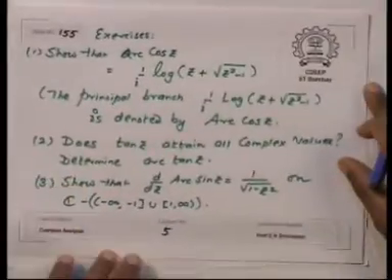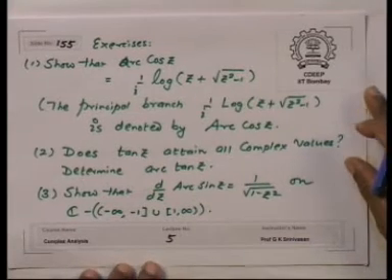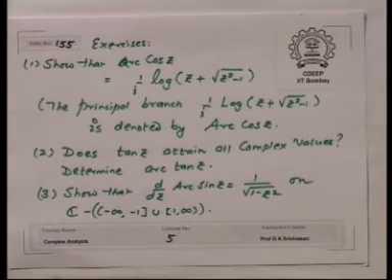Exercises. Show that arc cos z is 1 over i log of z plus root of z squared minus 1. The principal branch is 1 over i capital Log of z plus root of z squared minus 1.